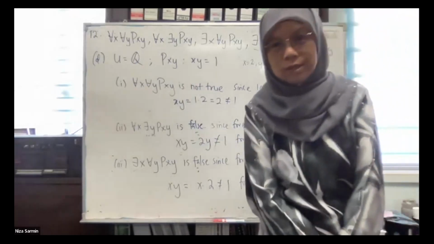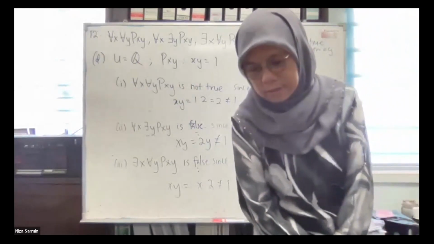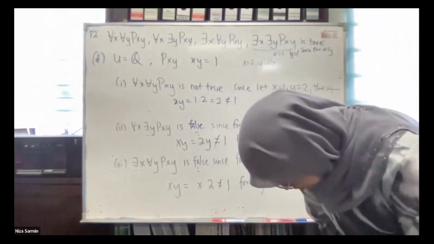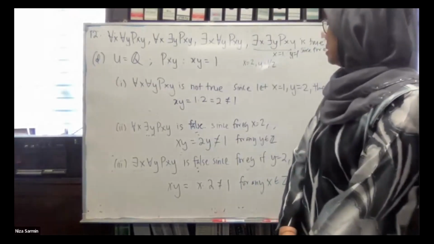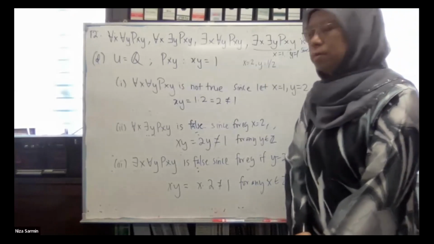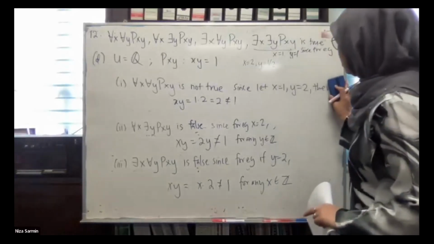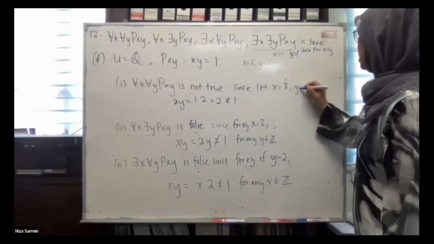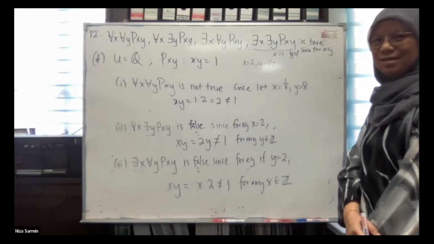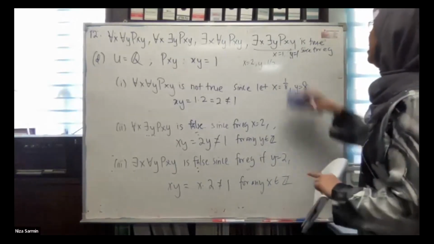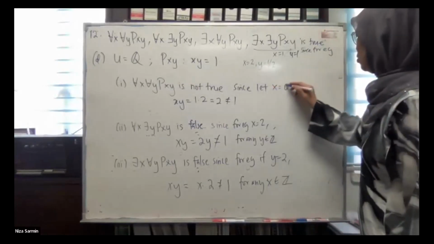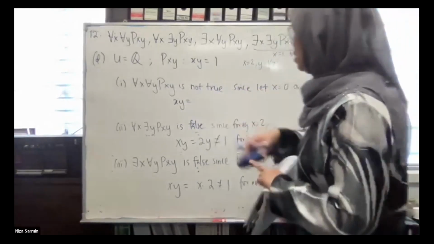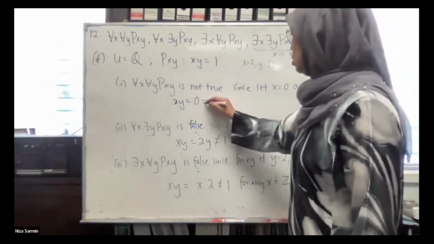So when x or y equals 0, then xy will be 0, not 1.